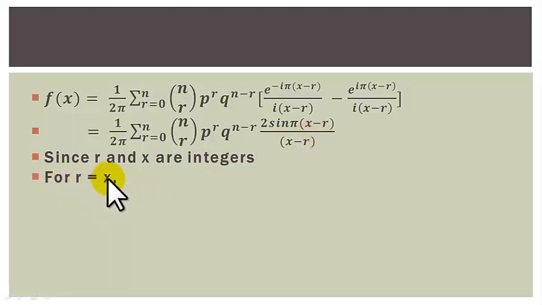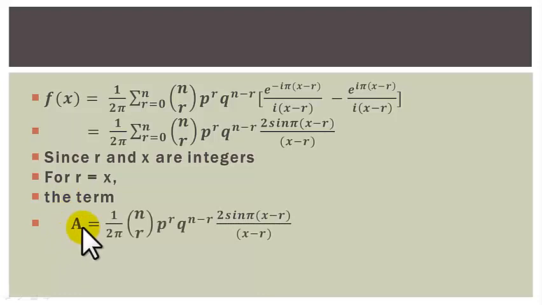For r equals x, what happened? Let us call the term a, equal to 1 over 2 pi, n combination r, p to power r, q to power n minus r, 2 sine pi into x minus r all over x minus r.